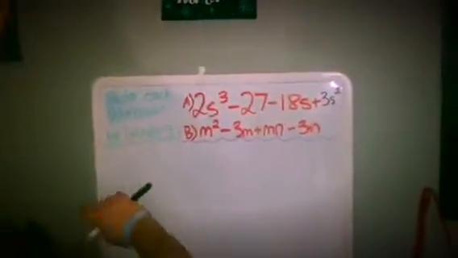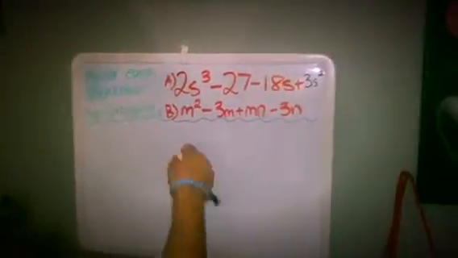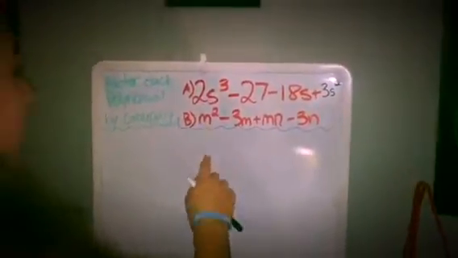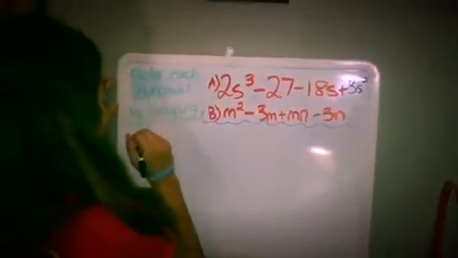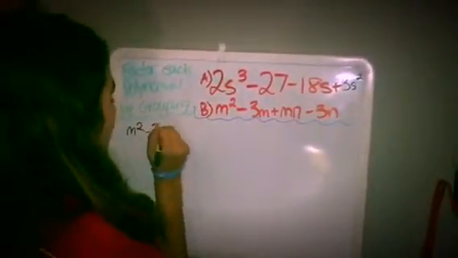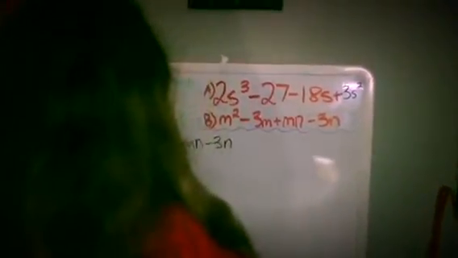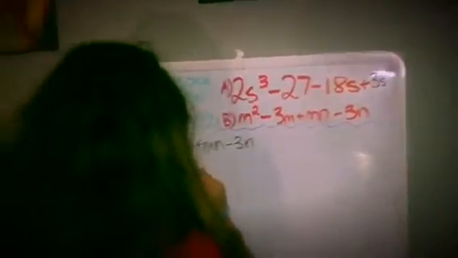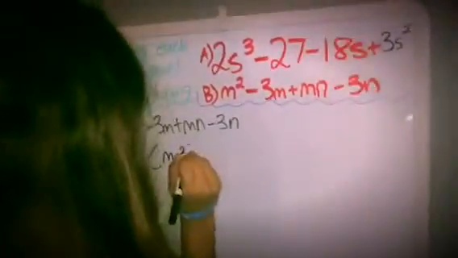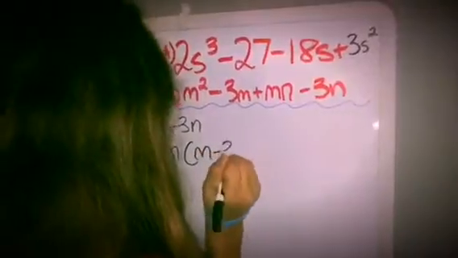So we have two problems here. What we have to do is factor each polynomial by grouping. Which problem should we do first? We should do m squared minus 3m plus mn minus 3n. Let me write it out. So you factor, which turns into m parentheses m minus 3 parentheses plus n parentheses m minus 3.